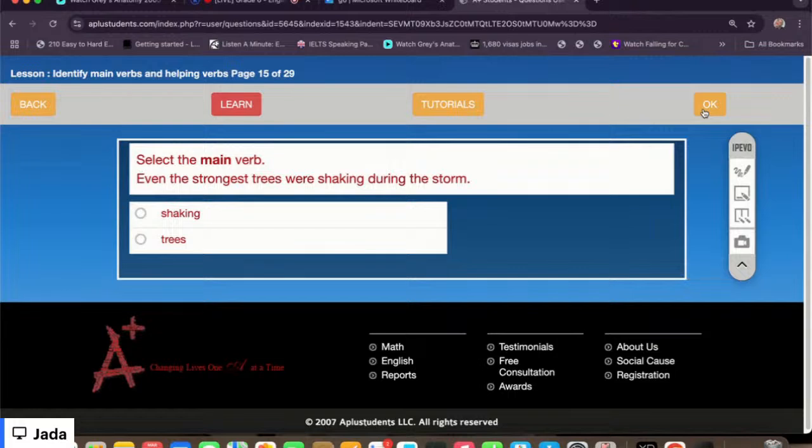Even the strongest trees were shaking during the storm.